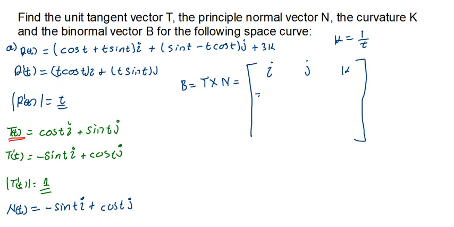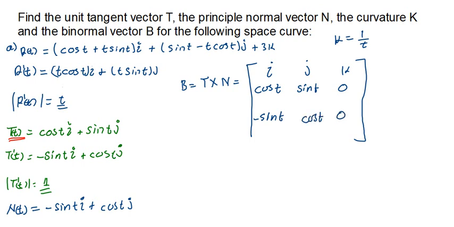Okay, it's cos. I almost got the one for the first derivative. It's this part here. So it's cos t, then the j component is sin t, then the k component is 0. Then for N, the i component is minus sin t, the j component is cos t, the k component is 0.